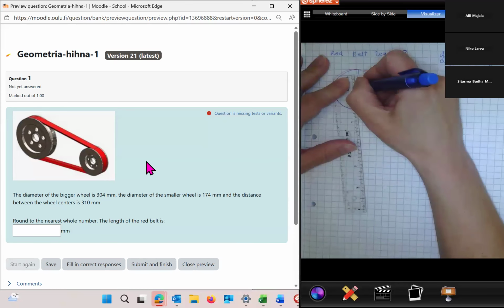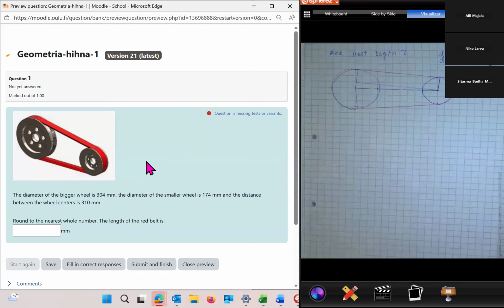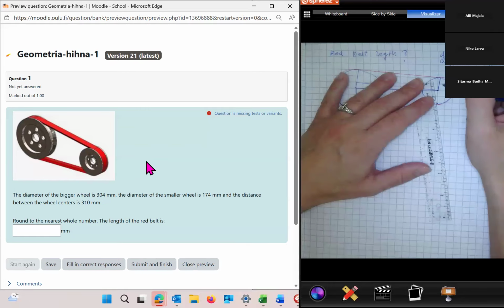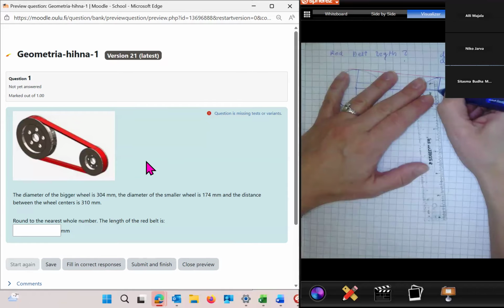Yes, so draw it with the same angle here. That's a good question, but I assume that it's the same angle because I can also see that. Because this makes sense. Here it has to go on the circle.